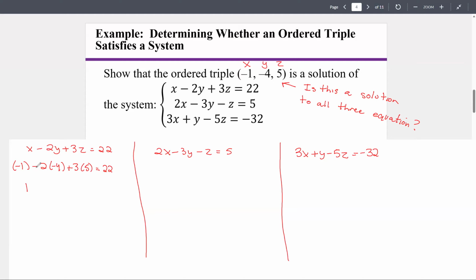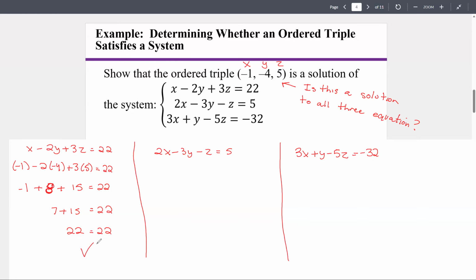So this is negative 1. Negative 2 times negative 4 is plus 8. Then we have 3 times 5, that's going to be 15. Oops, sorry, that was a negative 4. Negative 2 times negative 4, that's going to be an 8. So what we have is 7 plus 15 equals 22, which is going to be 22 equals 22.